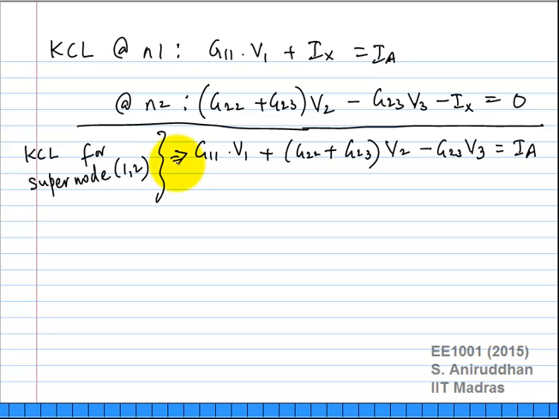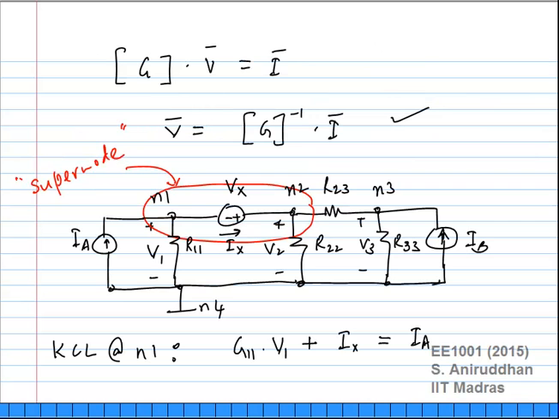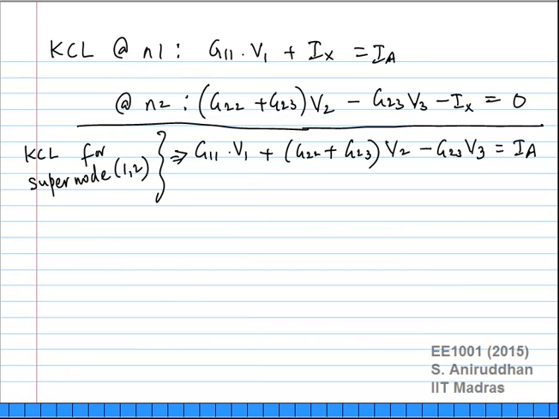When we merge two nodes into a super node, we are actually losing an equation, so we need to make up that equation. And what is that equation? Somebody mentioned it just a little while ago. You know that the independent voltage source constrains the voltage difference between these two terminals to be exactly equal to something. So we'll write down that relationship.